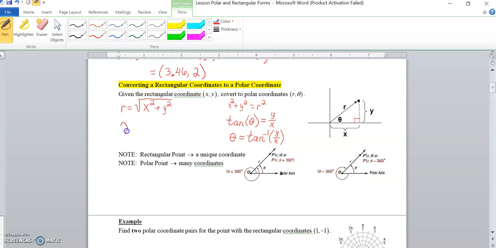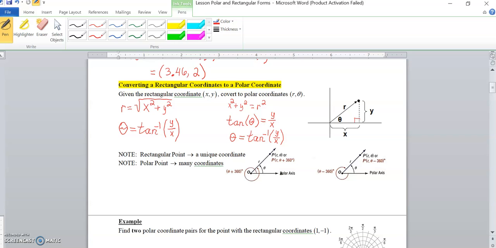So I guess if we wanted to isolate it, I should have put it over here, so I'll just rewrite that quick. But again, since we know y and we know x, just like we solved for r, we can solve for theta.